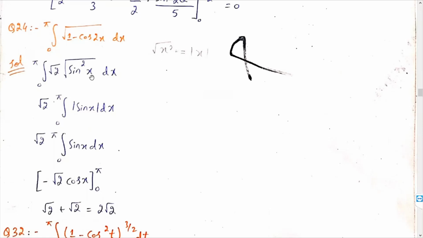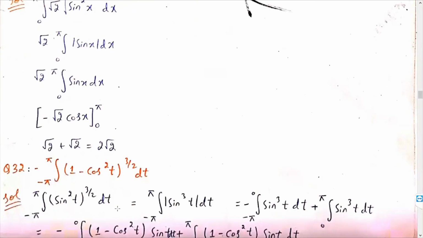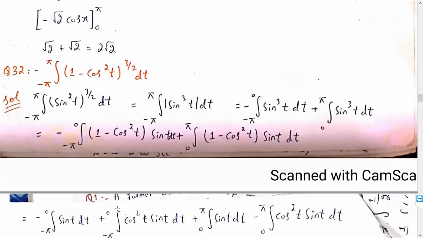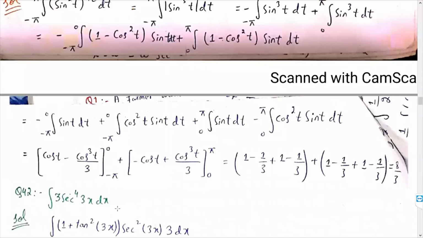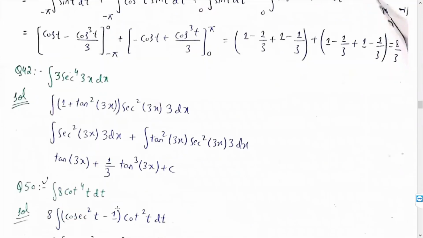So I can write it as mod of sine x, and we know that on this particular domain this function is positive, so I can take the positive function sine x. Now integrating sine x, I get minus cos x, and applying the limits, I get this answer. These questions are not difficult, these are easy.